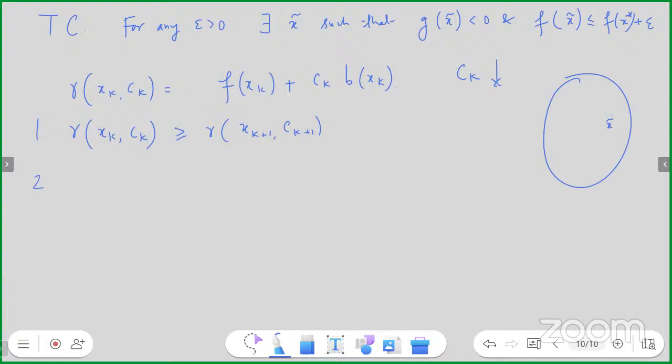So the first is this, then you get b of xk is less than or equal to b of xk plus 1. Essentially, everything is going in the opposite direction. F of xk is greater than f of xk plus 1, and 4. Where is my 4?